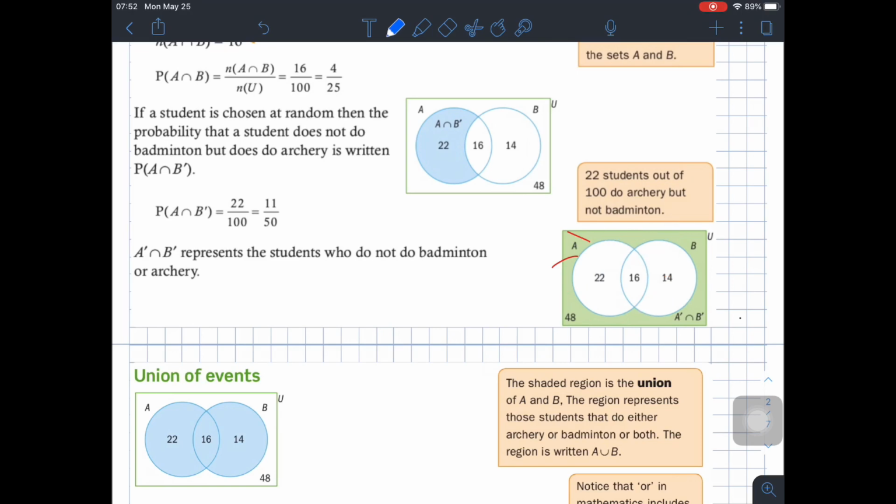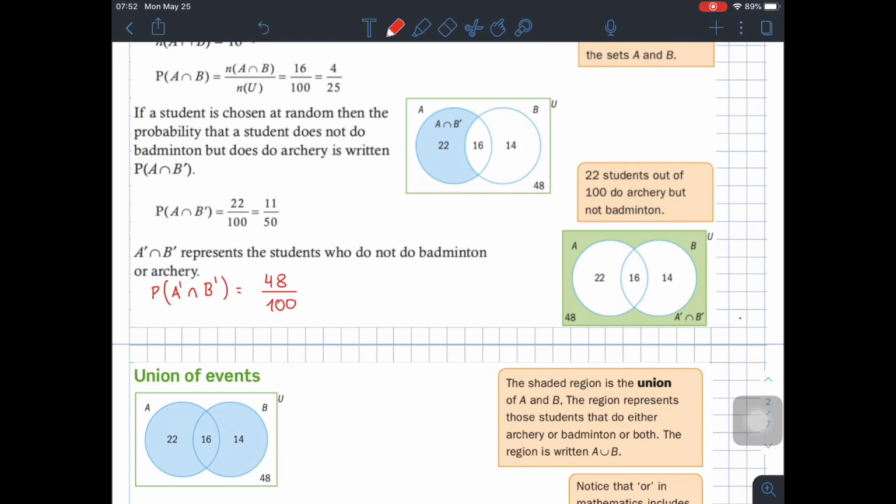Right, so let me erase this. So if we want to find the probability of people who do not do archery and do not do badminton, this would be equal to what is outside of the circles, 48 over 100, right? And if we simplify this, let's try doing this without a calculator.